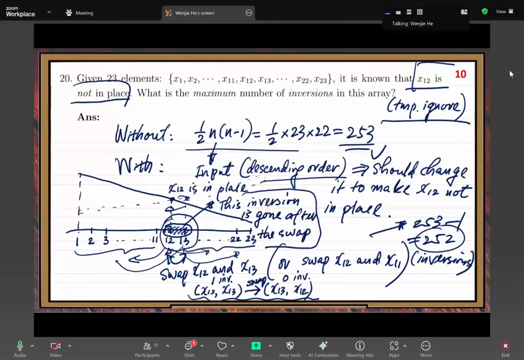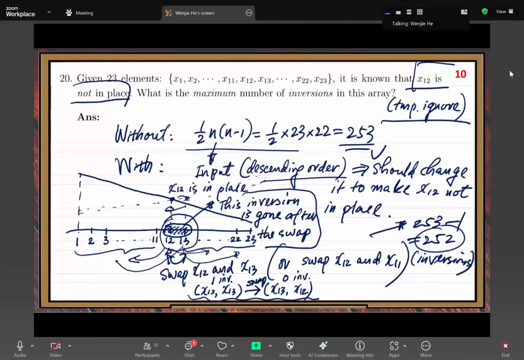Two elements are involved, but the change for the counting of the inversion, the difference is 1, not 2. Although you move 2 elements, you change 1 inversion.